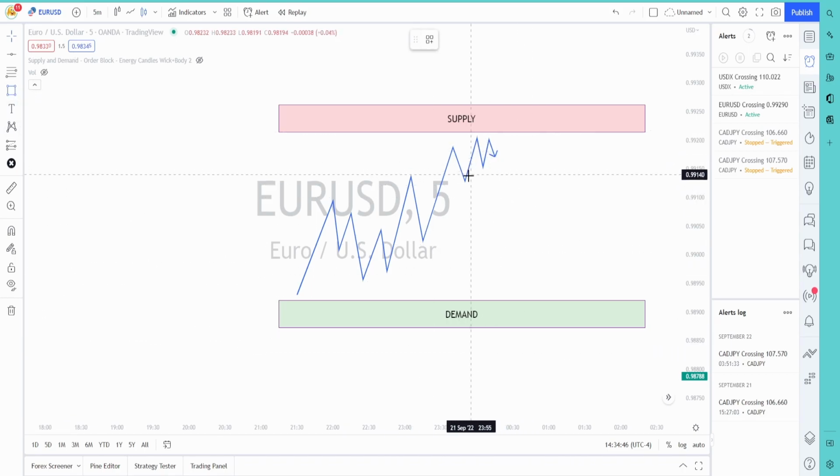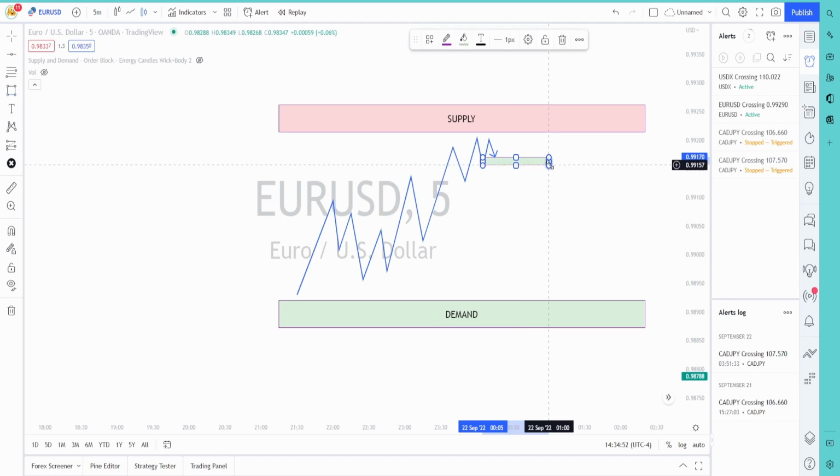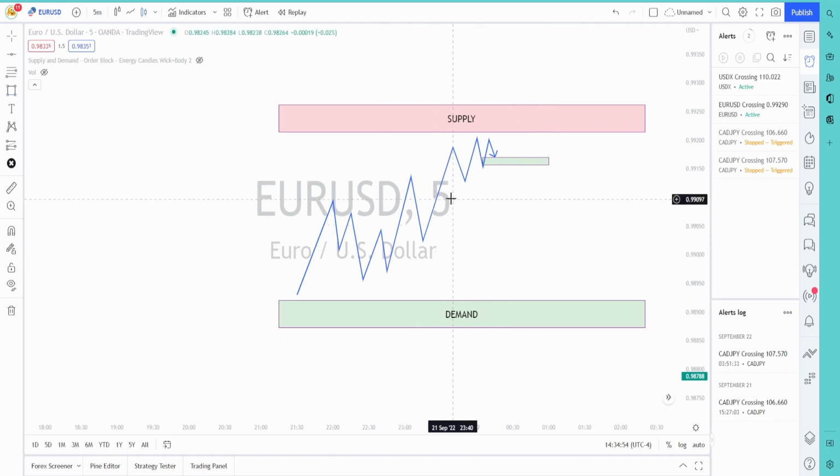So if price comes to an area and you're trying to target a new high, this might not be the best spot for you, but you can clearly see that if you were targeting an area here, this might be a little easier.